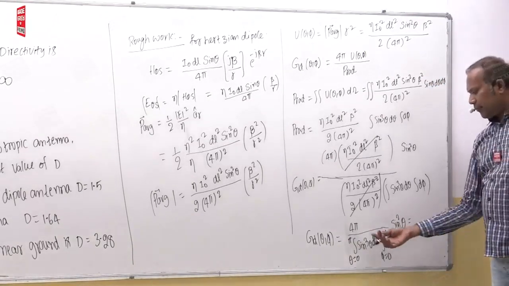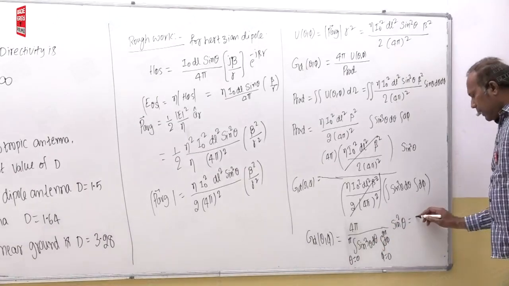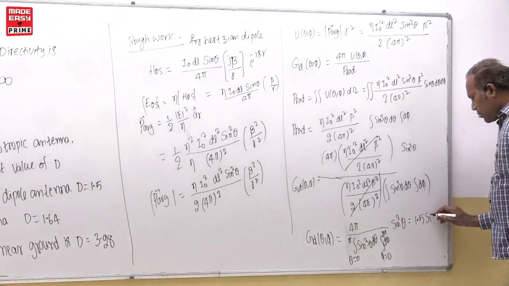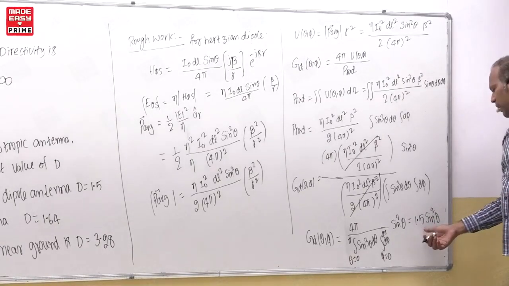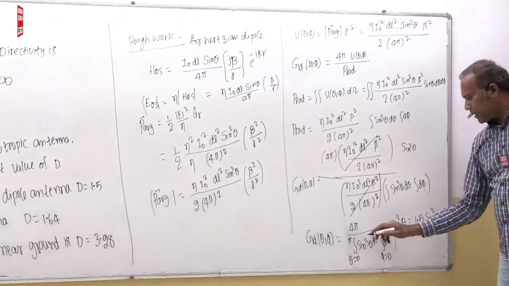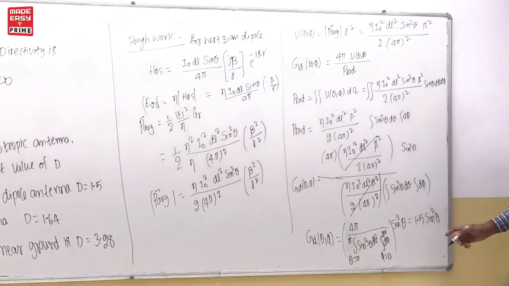You calculate this integral, 4 pi divided by this one, and you get 1.5 sin square theta. You get G_D of (theta, phi) for the Hertzian dipole as 1.5 sin square theta.